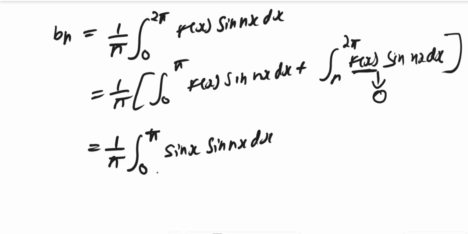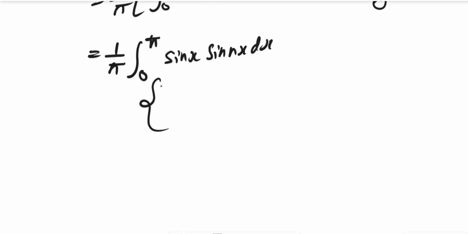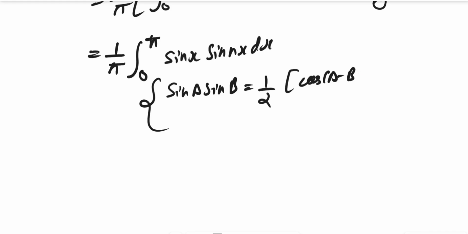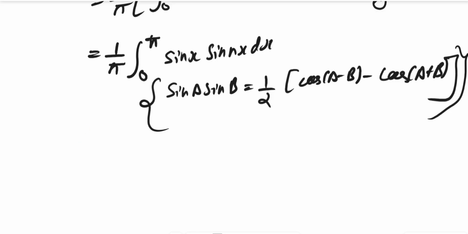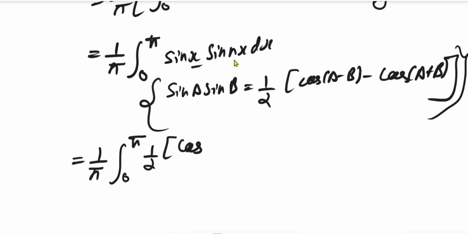Now to solve this we again need to use a trigonometric identity: sin a sin b is equal to 1 upon 2 [cos(a minus b) minus cos(a plus b)]. So using this we can write 1 upon pi, integration 0 to pi, 1 upon 2, cos of (a minus b), that is x minus nx.